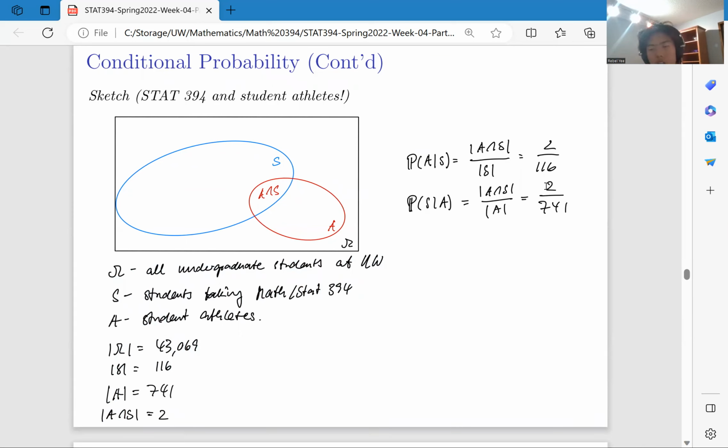Maybe it's a surprise that the probability, given that we know one student is an athlete, that he's taking 394 is lower than if we already know he's taking 394 and ask whether he is an athlete. So possibly it's more common that athletes want to take 394. Maybe this is a conclusion we can draw, but I'm not pretty sure, because there are far more variables we should consider.